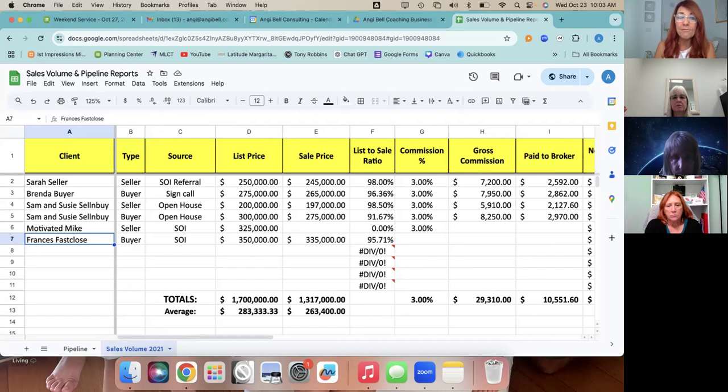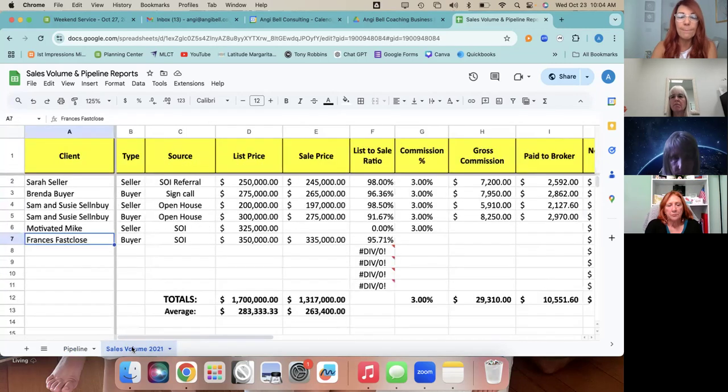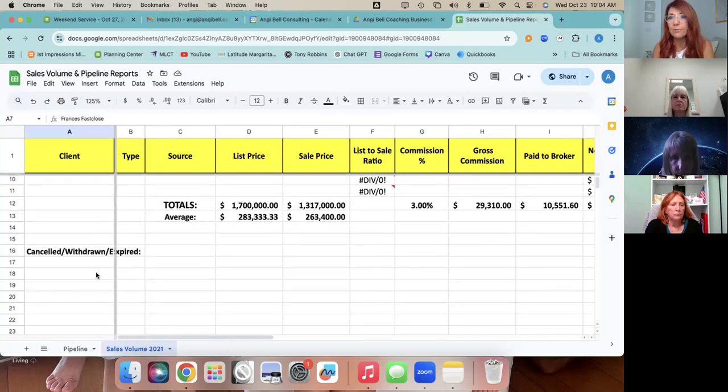If you have a buyer that falls out, they may go back to the pipeline because now you're back to searching for the property for them. But this down here is for deals that truly are lost for whatever reason. It happens. One of the numbers on the economic model is your contract to close conversion ratio. You won't know that if you don't keep track of the ones that close. Okay, so that's that.